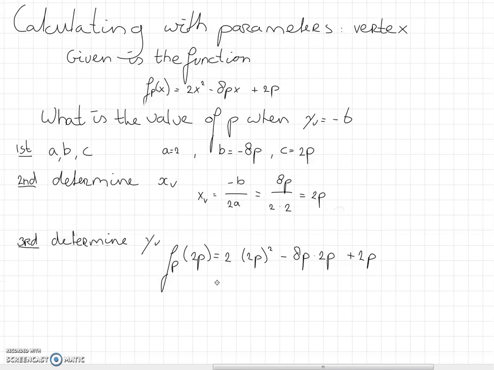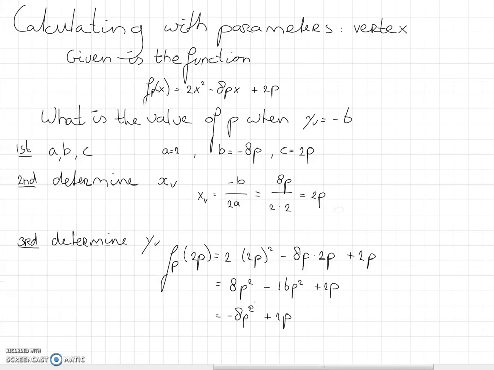If we simplify this, we get 2 times 4p², so 8p², minus 16p², plus 2p. And that is equal to −8p² + 2p.